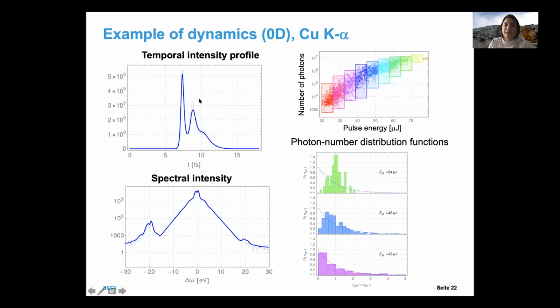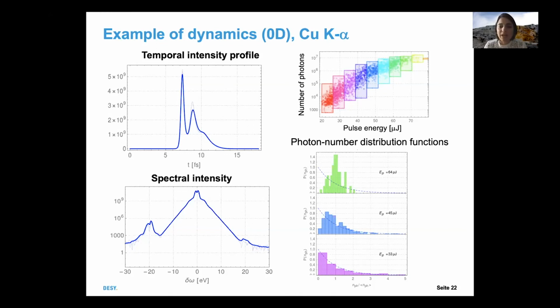For instance, in the experiment, we have here the number of photons as a function of pulse energy. And if one looks experimentally at the distribution of photon numbers at a given pulse energy, one sees that this distribution changes quite dramatically from exponential decay-like to a kind of log normal distribution or something.